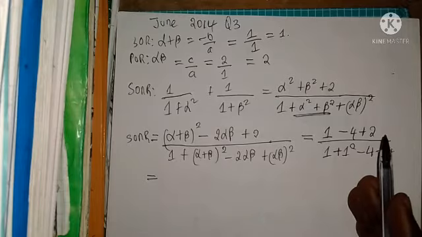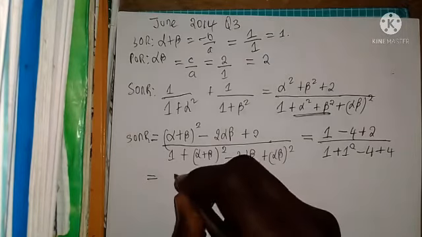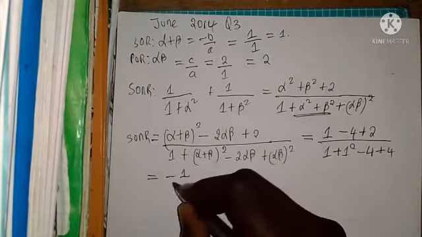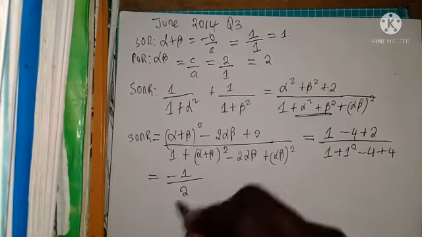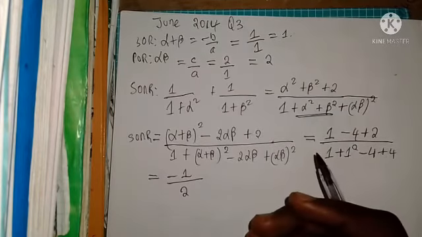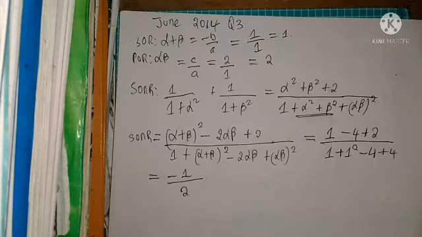Doing the operation on the numerator will give us a value of negative 1, and on the denominator a value of 2. So this proves the condition specified in part A.